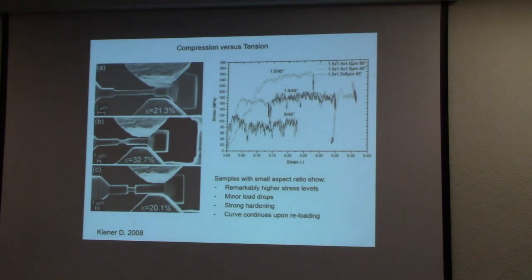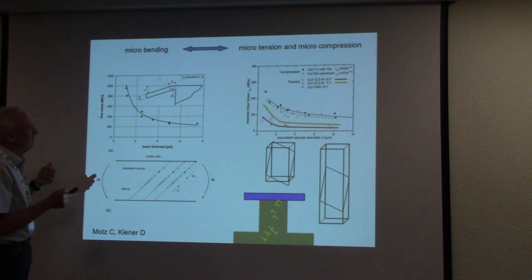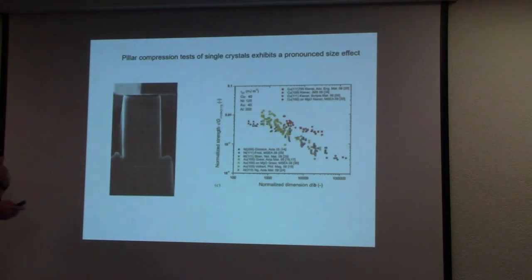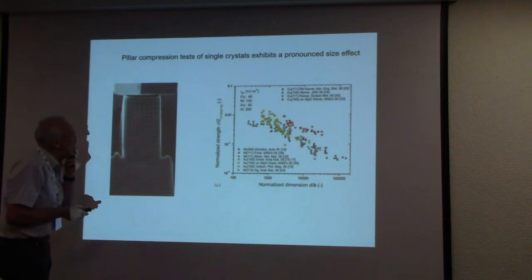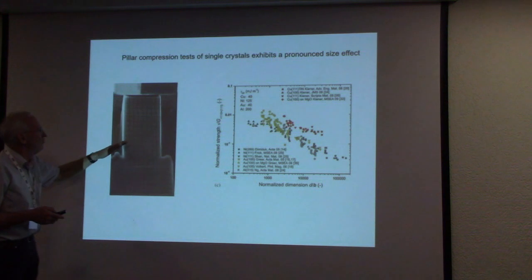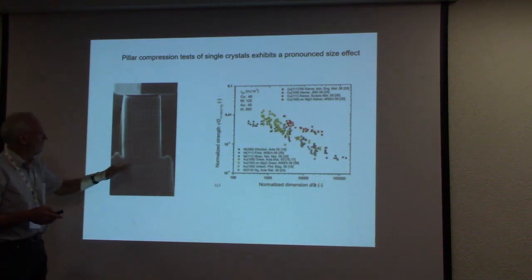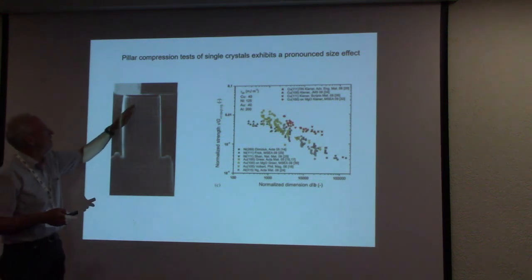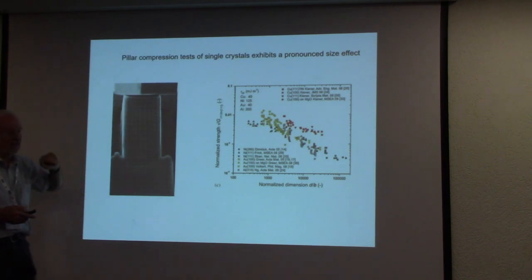Okay. One of the things for this large effect, what we thought at this time, is the dislocations. They can maybe move freely here, but the problem in a compression experiment is that they cannot run out at the top.